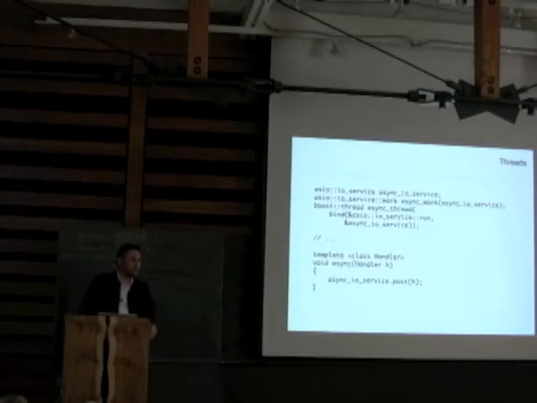You just need to run an IO service in a background thread, and you can post a completion handler into the background IO service. It will run it, and then when the long-running task finishes, it posts another handler back into the main thread.